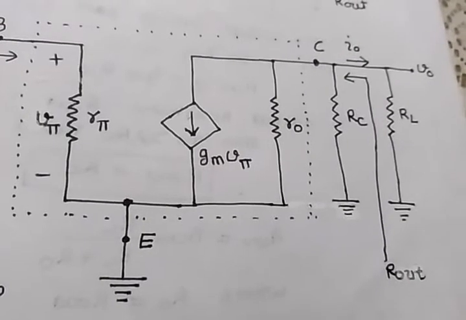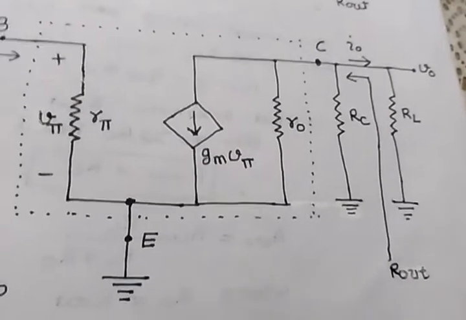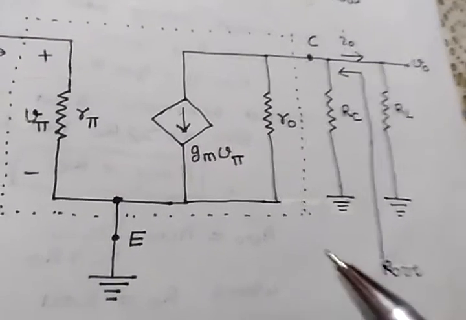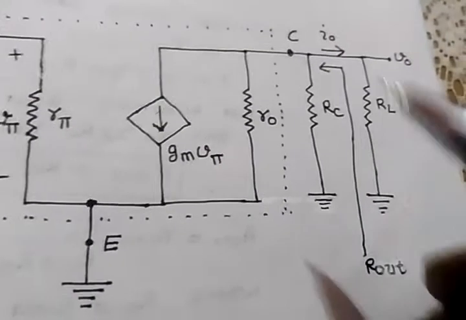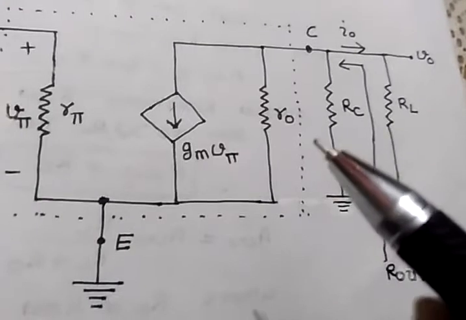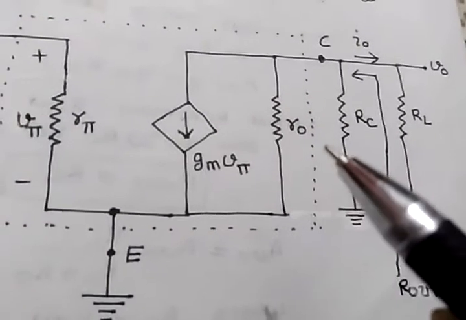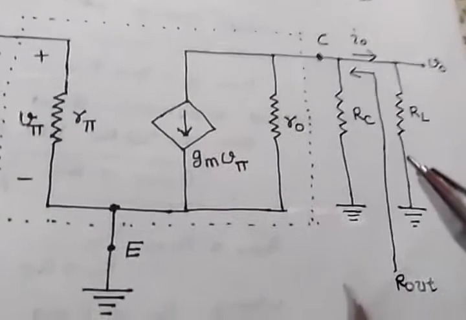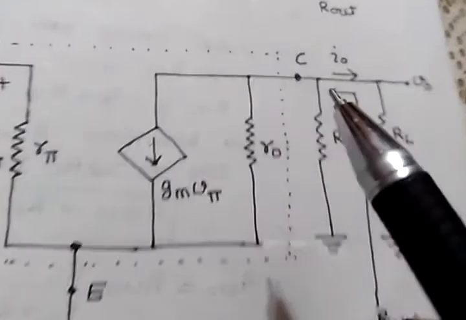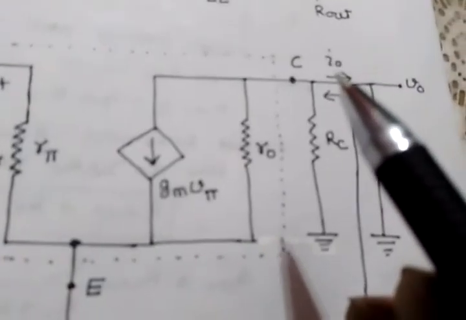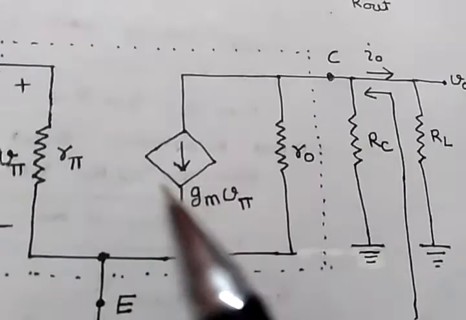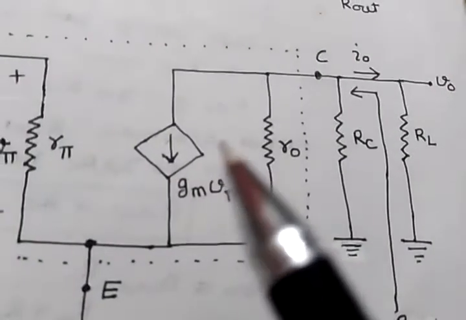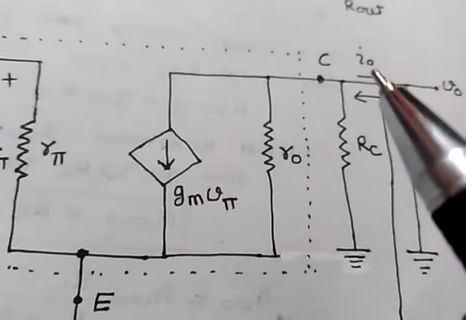Now we will find the last expression of this circuit, which is the short circuit current gain. If we short the load resistance RL, then Ro and Rc will also be short circuited. In this case, the output current Io will be minus Gm Vpi, because the direction of this current source is opposite with Io.